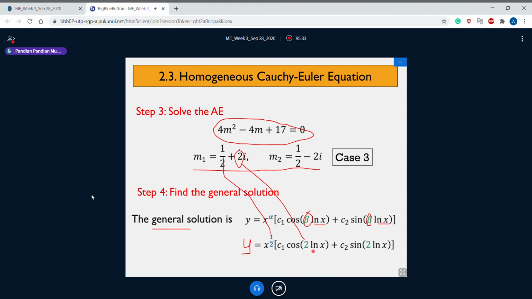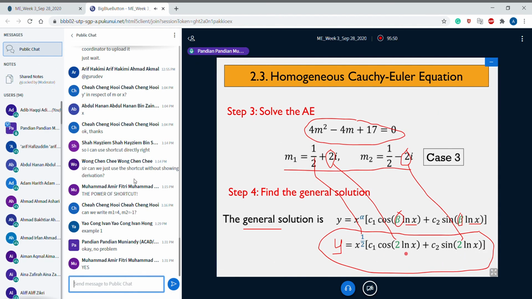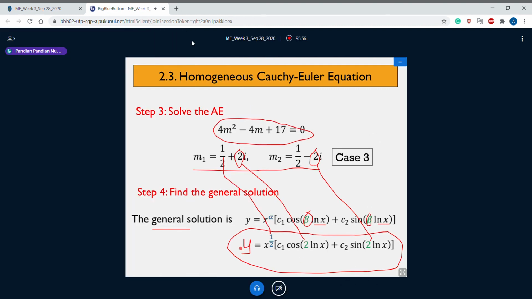Plus x power alpha, C2 sin, this 2 is beta. Either you take from here or here, the same. So this is 2 ln x. So your final answer will be y equals x power alpha C1 cos in the bracket 2 ln x plus C2 sin in the bracket 2 ln x, and then close bracket. This is your final solution.